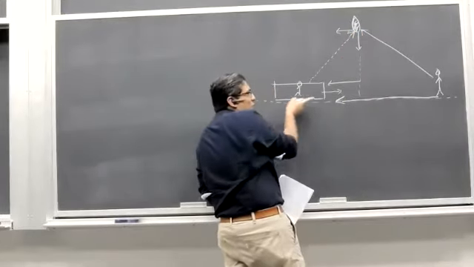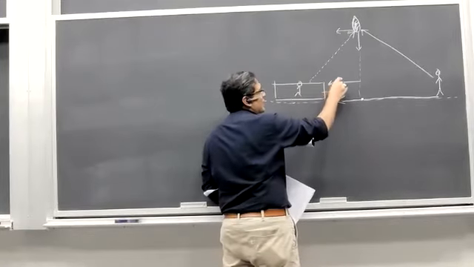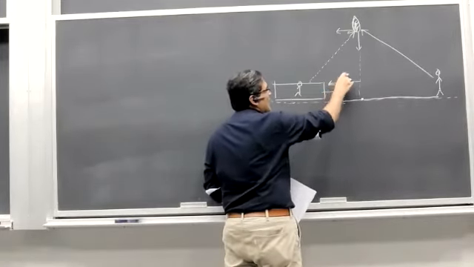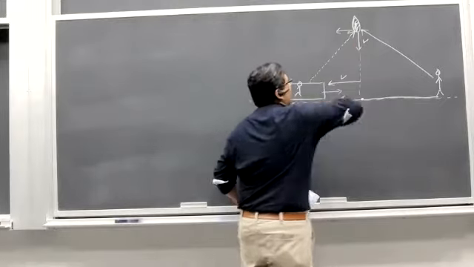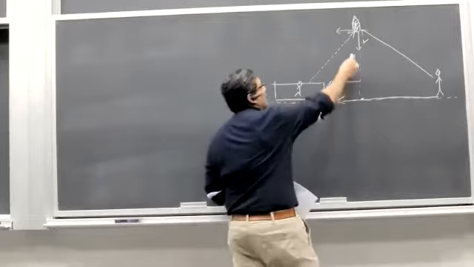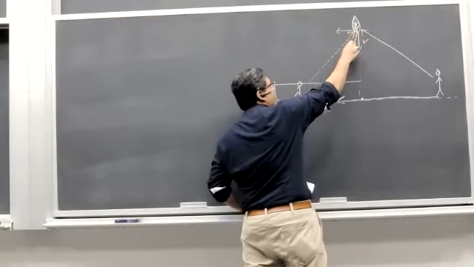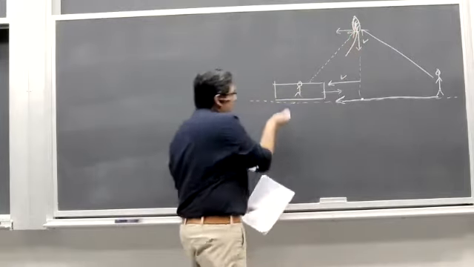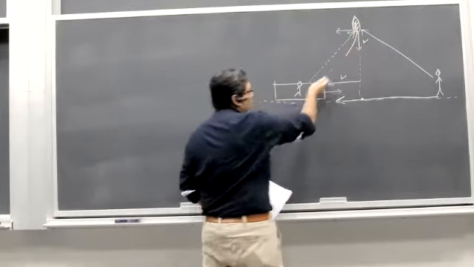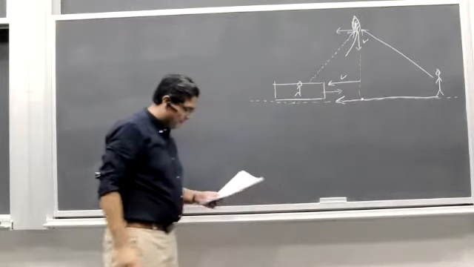If you are moving towards this point, both of these vectors are decreasing. So it looks as if the droplet is moving towards us along the diagonal, right?